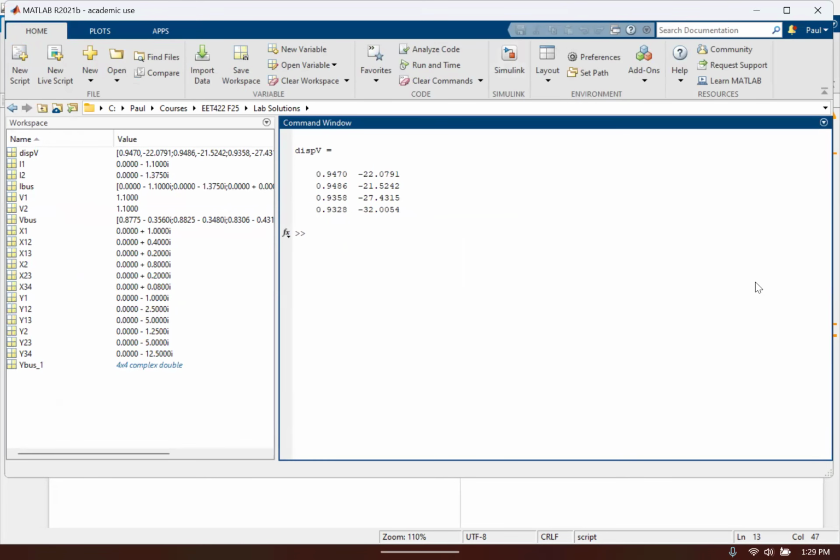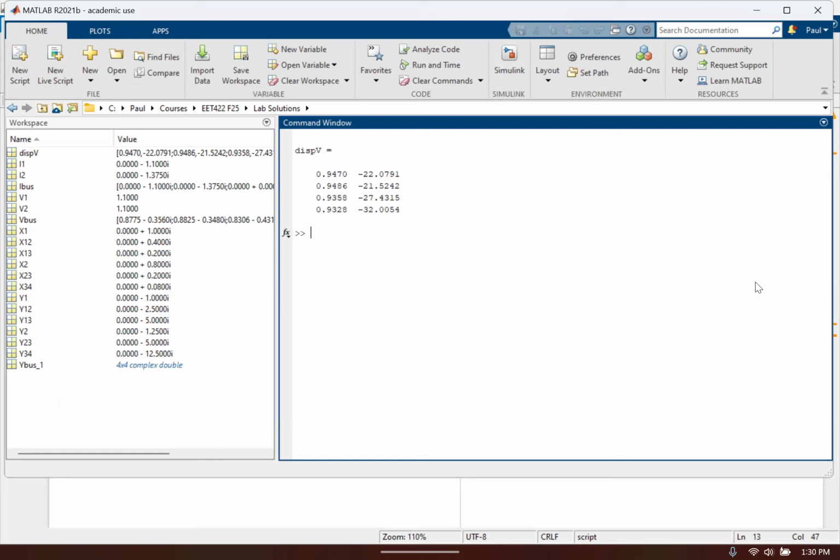Now the voltages have changed because you actually have a load on the system. The way this system works out, it tells you where the power flow is coming from. Whichever bus has the higher magnitude voltage tends to have a lower load, right?